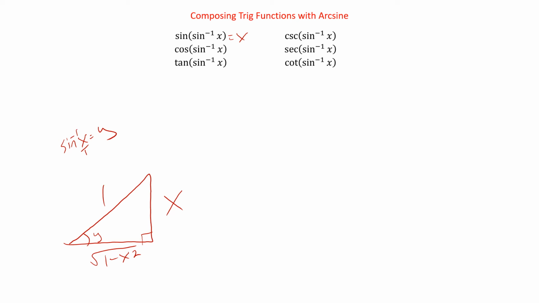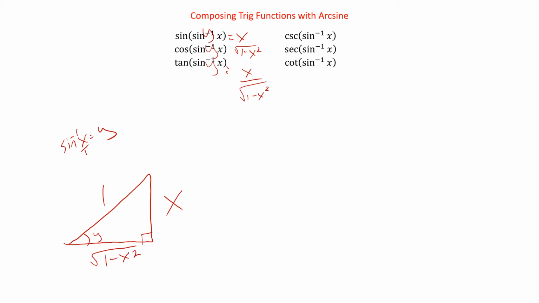So any of these could be written as y now. We have the different pieces, we just plug them in. So cosine is going to be adjacent over hypotenuse. We have root 1 minus x squared over 1. Tangent, opposite over adjacent, x over root 1 minus x squared.